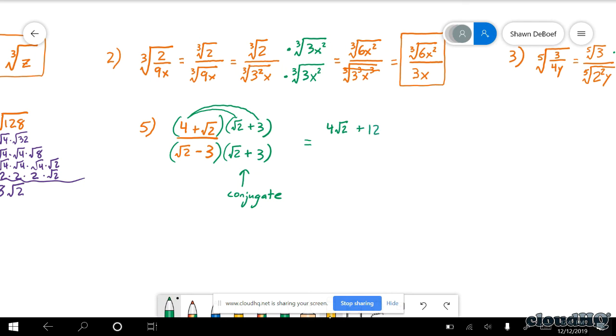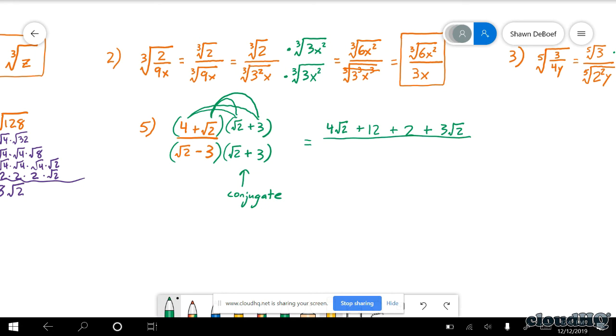Then, square root of 2 times square root of 2 becomes just 2. You could have thought of it as, since they're both square roots, you can multiply them together. Square root of 2 times square root of 2 is square root of 4. That simplifies to just 2. And then square root of 2 times 3. Once again, the 3 is not in a square root, so I don't get a 6. Instead, I have 3 square roots of 2.